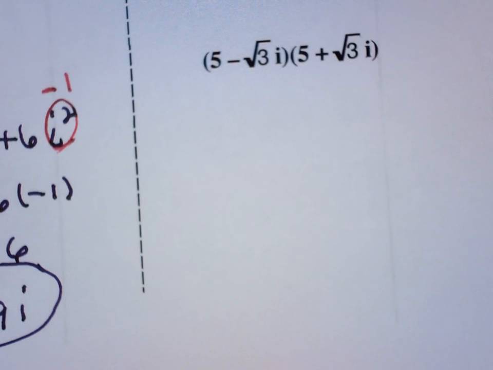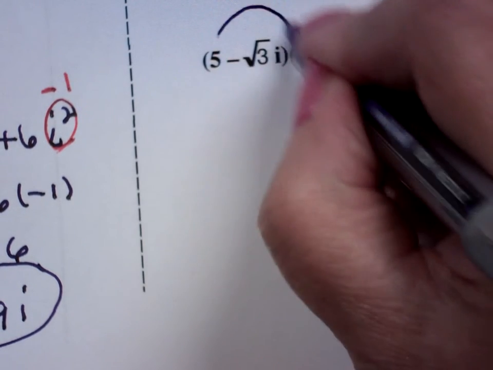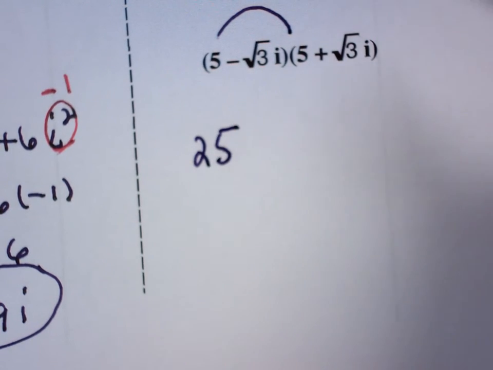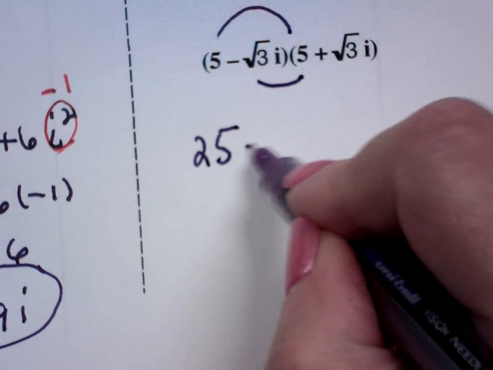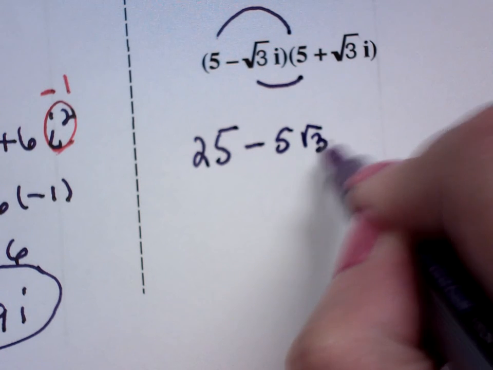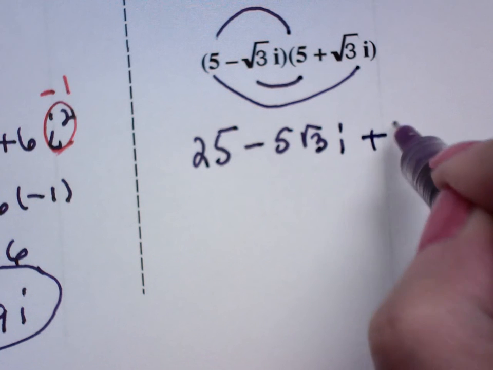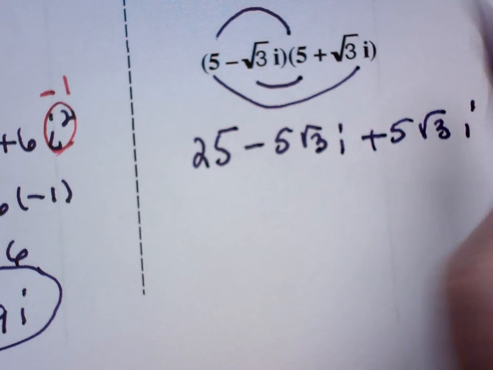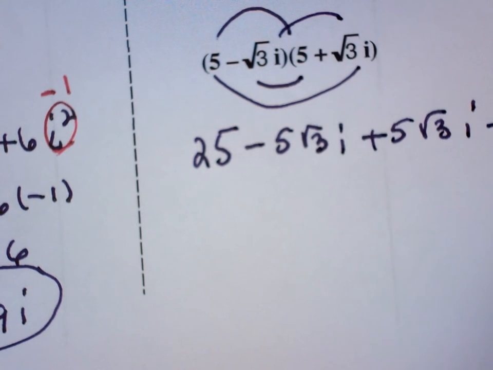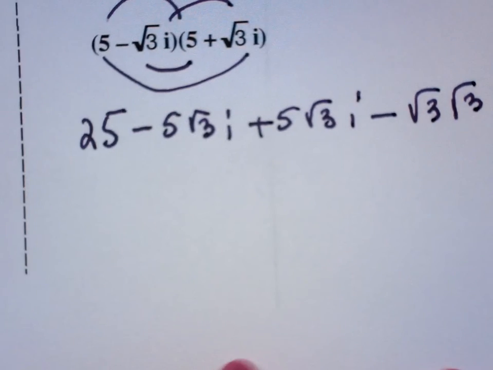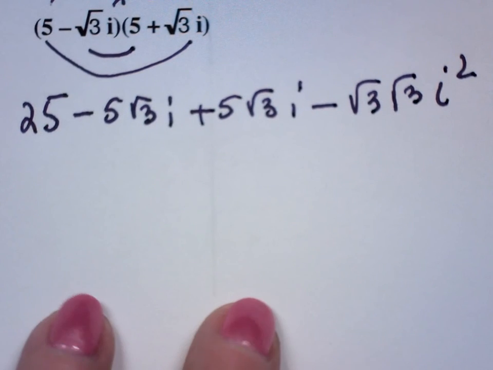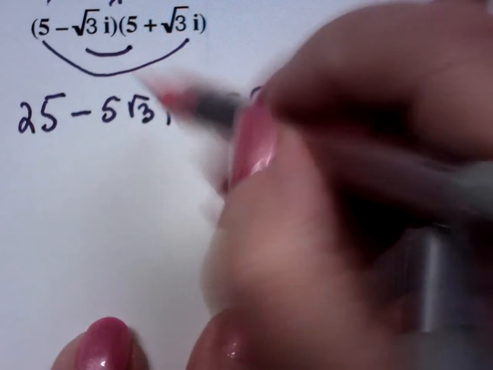This just looks ugly. Firsts, inner, outer, lasts, while the inner and outers add to 0.